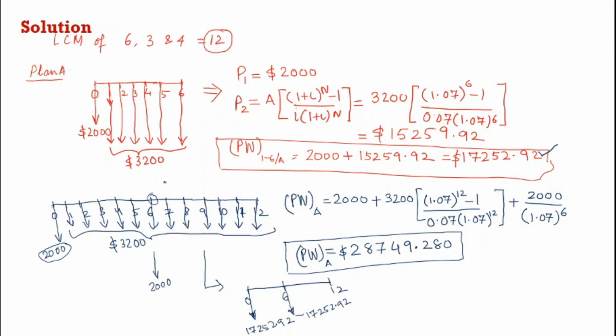So instead of drawing it for the complete 12 years, I can just reduce it somewhat. My efforts will be reduced if we use the concept of repeatability.